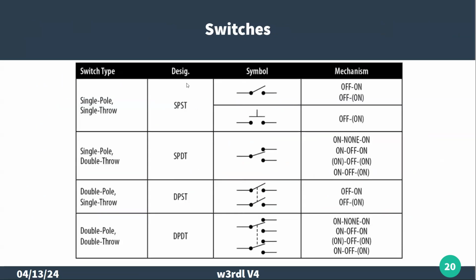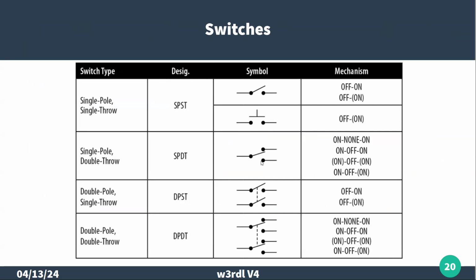We talked about the switches a little bit there, and in that one, we only showed a single pole, single throw switch, which is represented this way, sometimes like that, which is more of an indicator of a push button type as opposed to a toggle.